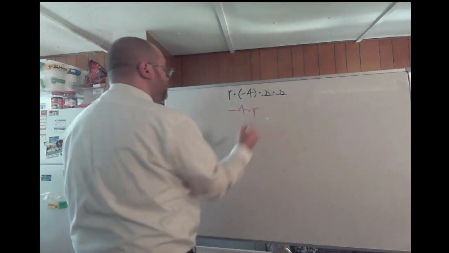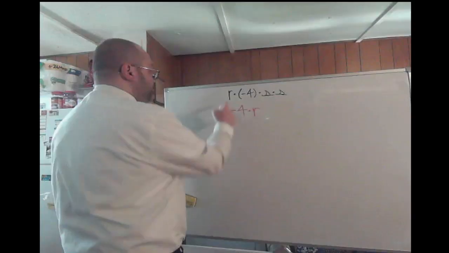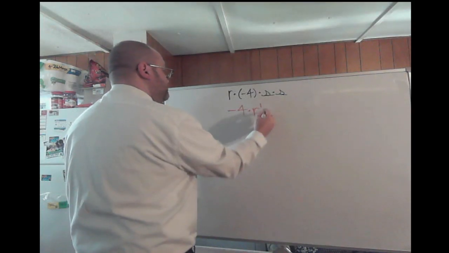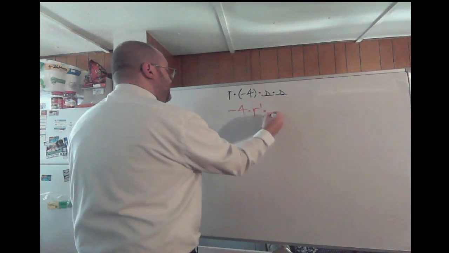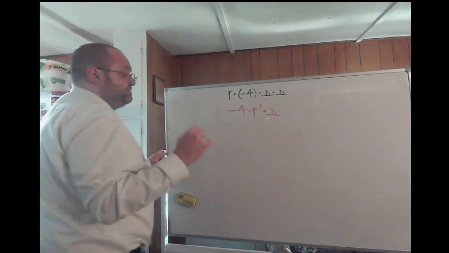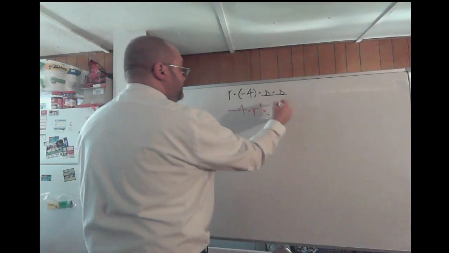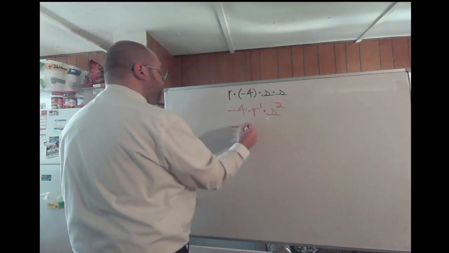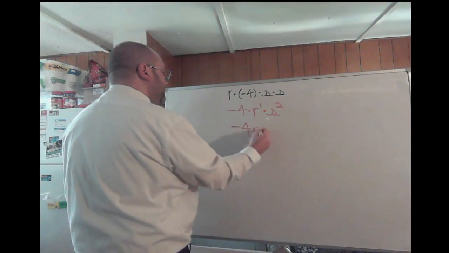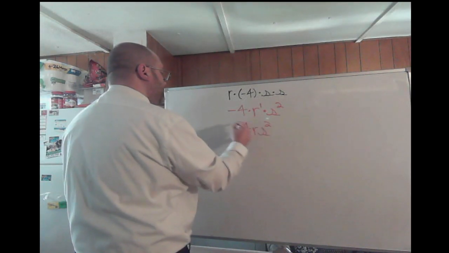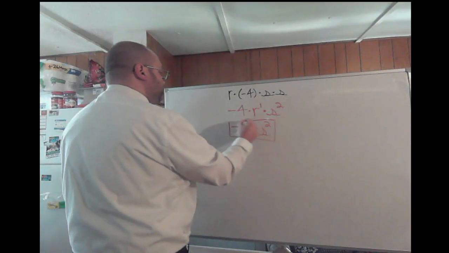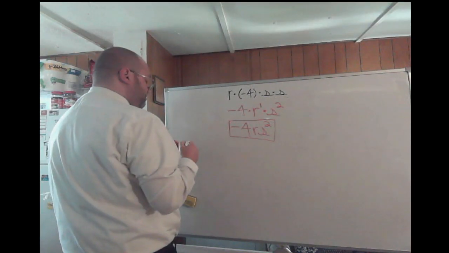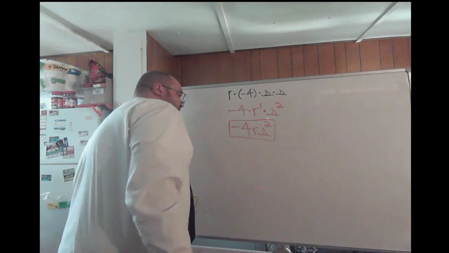How many times is r being multiplied by itself? Just once. So that'd be r to the first times s. Now how many times is s being multiplied by itself? Twice. So that'd be s to the second power. So you can write this as negative 4r s squared. That would be the exponential notation for that. It would be negative 4r s squared.